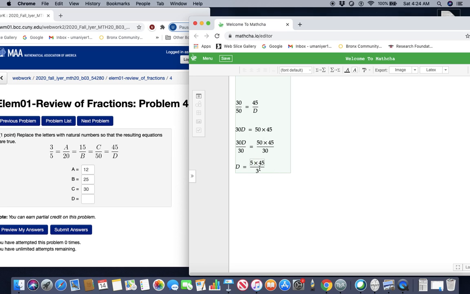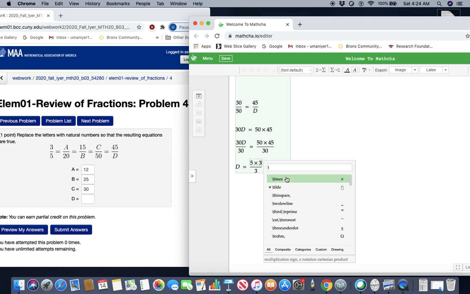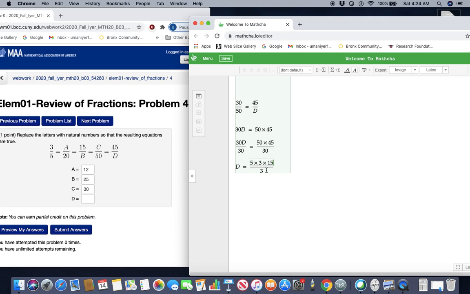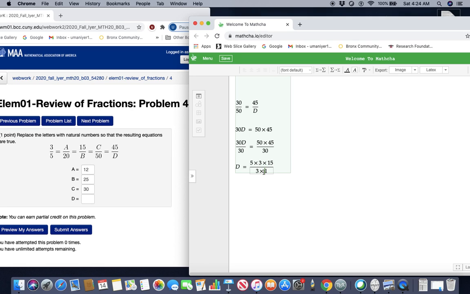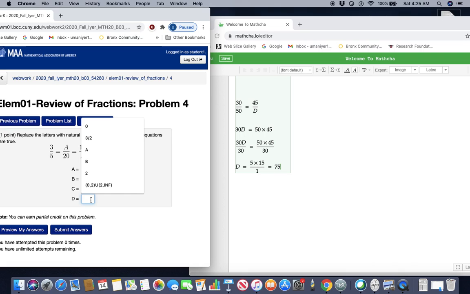What else? 3 goes in 45. 45 is nothing but 3 times 15, and 3 is itself 3 times 1. So the 3 cancels the 3. All I'm left with is 5 times 15. That is 75 over 1, which is 75.